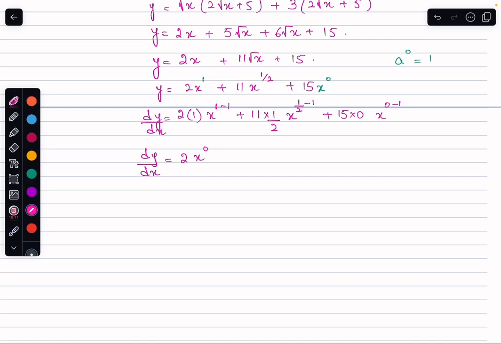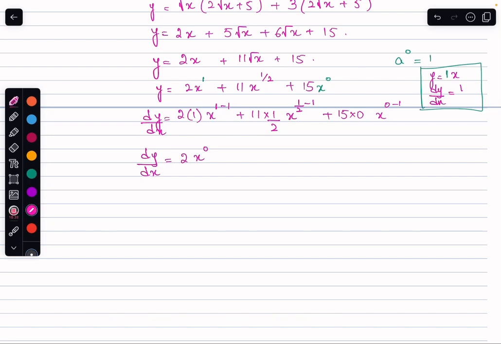Meaning if y is equal to x, then the differential function here shall be equal to 1. x to the power 1, 1 minus 1 becomes 0, and the coefficient here is 1, therefore the differential function here is going to be just 1.